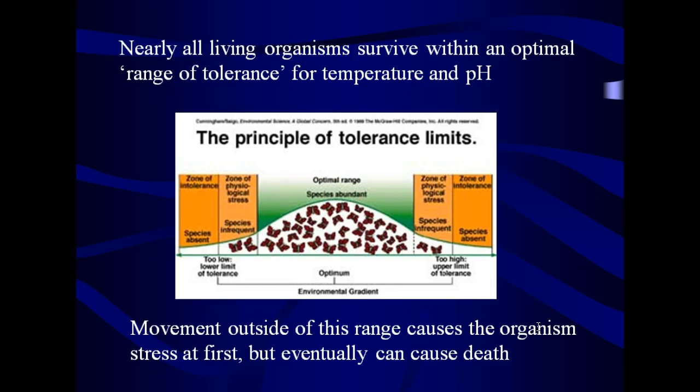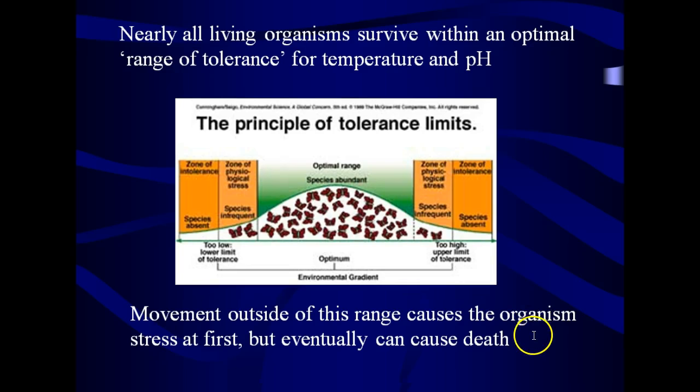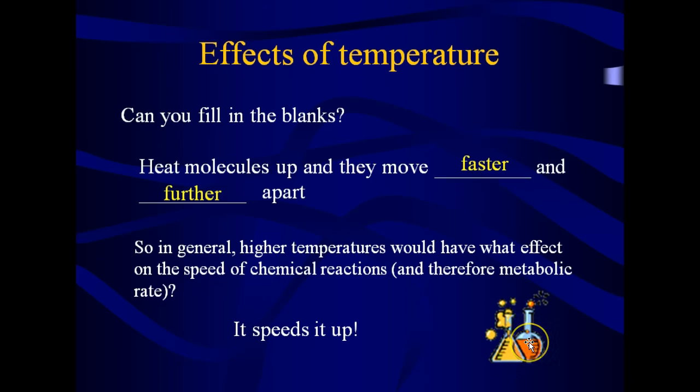So they can survive within a certain range of temperature, within a certain range of pH if they're aquatic organisms, and outside of that range, then they will get stressed, and if they stay outside of that range, they can die. So you probably have heard this before. If you heat molecules up, they move faster because heat is energy, and they move further apart.